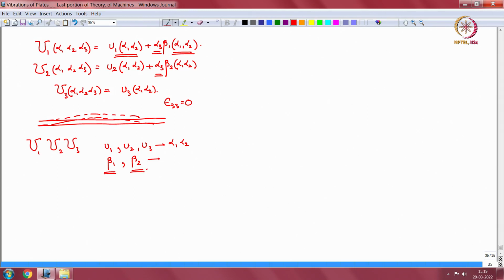Now in the level of the theory we are going to deal with here, that means the level of approximation, the level of accuracy, we are going to set epsilon 1 3, the one vertical shear strain, to 0 and epsilon 2 3, the other vertical shear strain, to 0. Along with this, we have epsilon 3 3 also equal to 0.